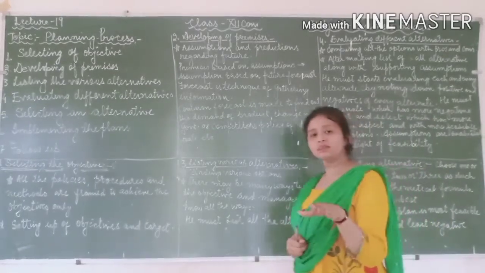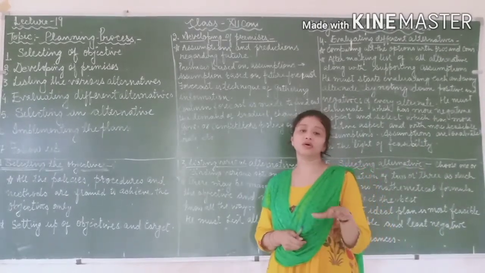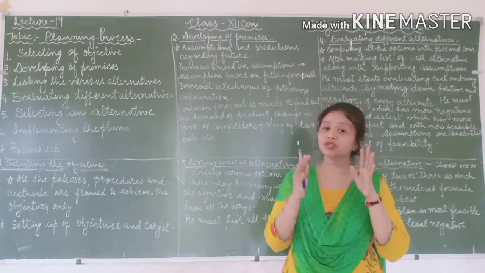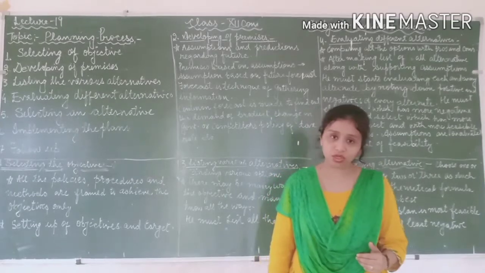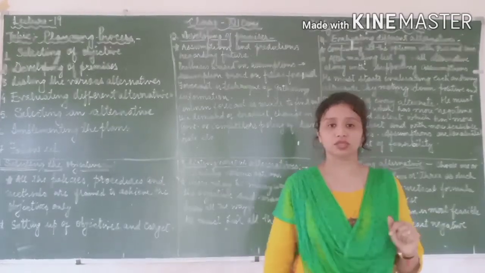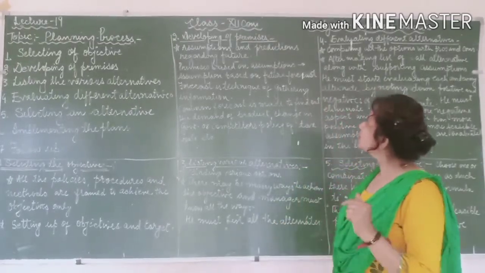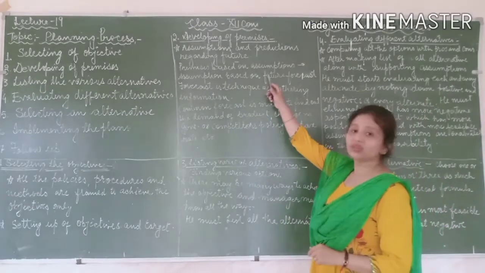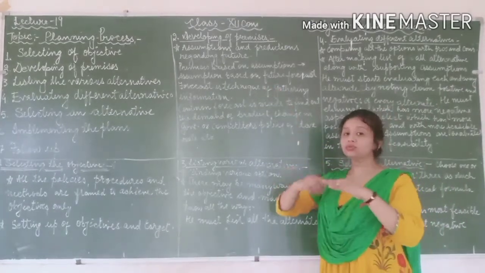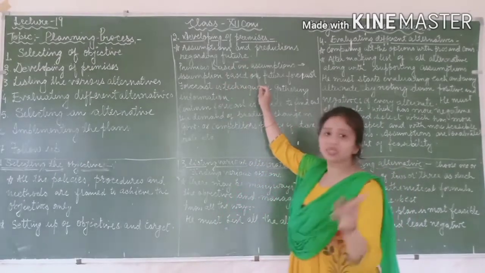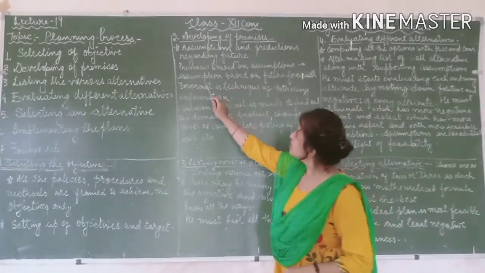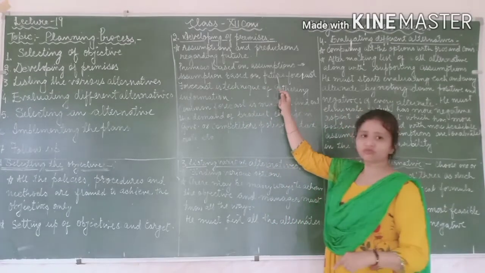So all the premises are set by chalking out all the assumptions about what is going to happen in the future, and also the predictions. Okay, now the premises are based on the assumptions. Now see, you try to understand this. The premises are based on the assumptions, based on the future forecast.